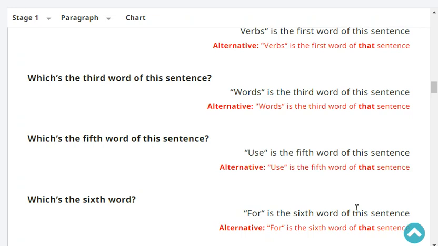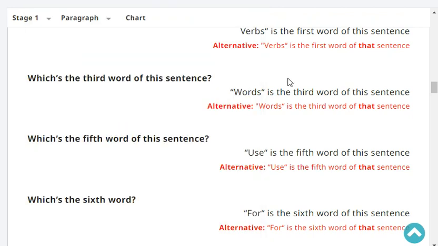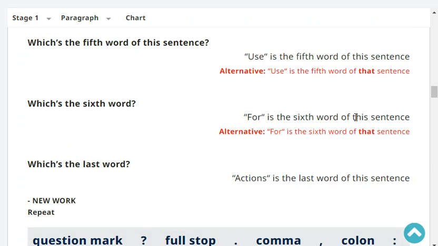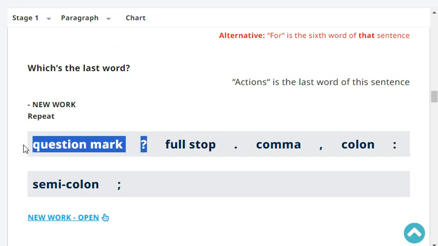Words is the third word of this sentence. Which is the fifth word? Use is the fifth word of this sentence. Which is the sixth word? For is the sixth word of this sentence. Which is the last word? Actions is the last word of this sentence.